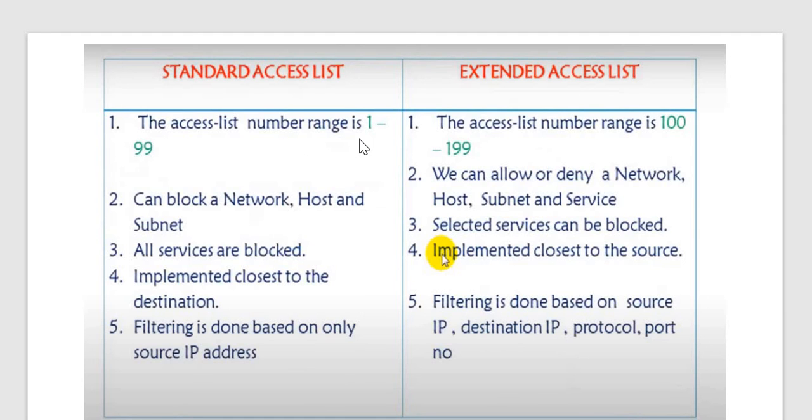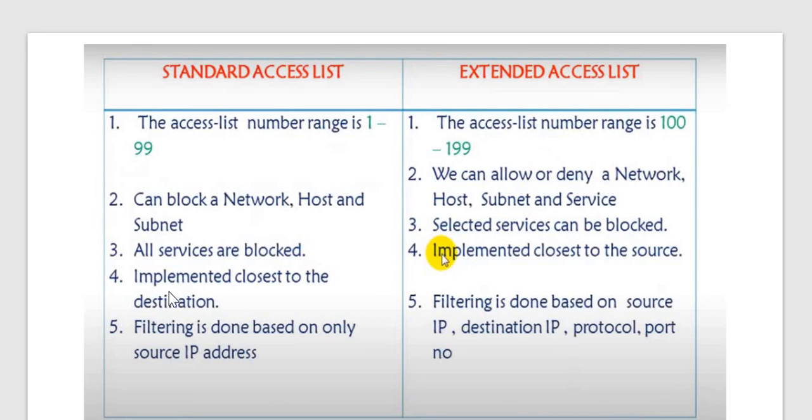The standard access list range is 1 to 99, and the extended ACL range is from 100 to 199. With standard, you can block only a network, host, or subnet, but with extended you can allow or deny the source and destination, network, subnet, and service as well. With standard, all services are blocked if you block a destination, but with extended selected services can be blocked.